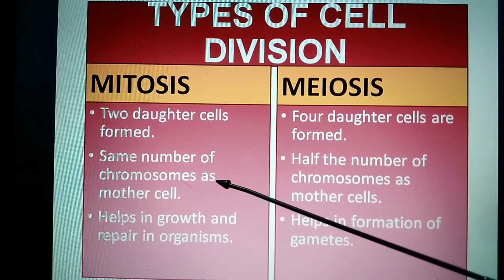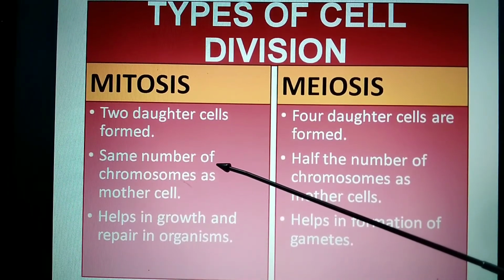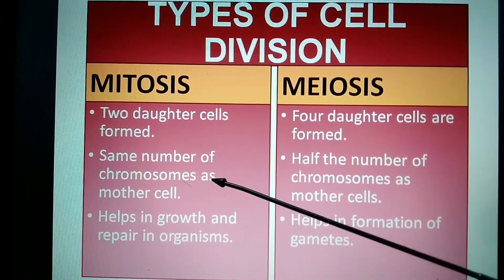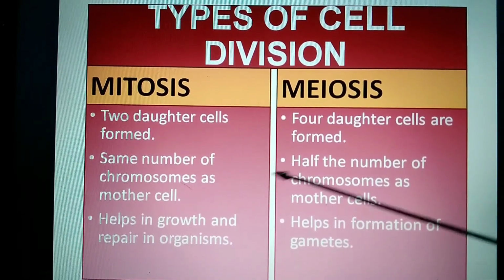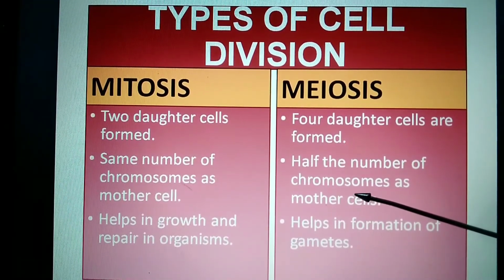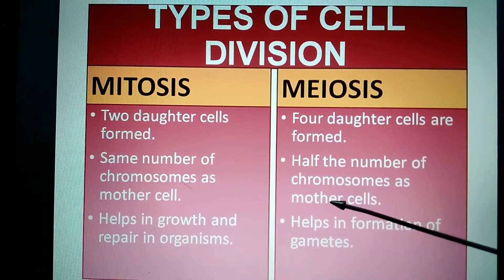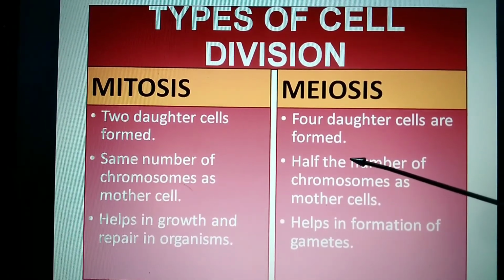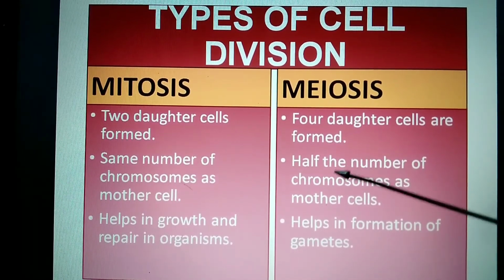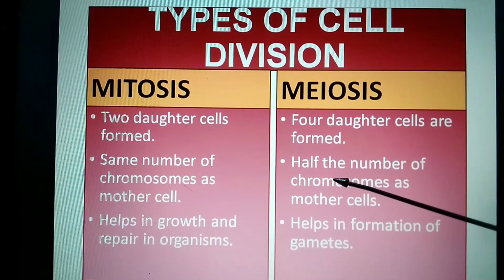In case of mitosis, the number of chromosomes is the same in the mother cell as well as in the newer cells or progeny. Whereas in case of meiosis, the number of chromosomes present in the mother cell gets halved and the offspring contain half the number of chromosomes of their parent cell.